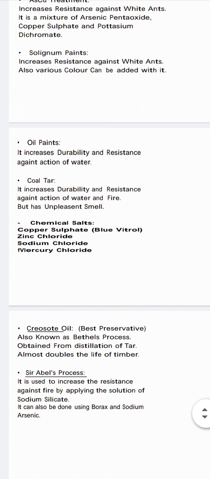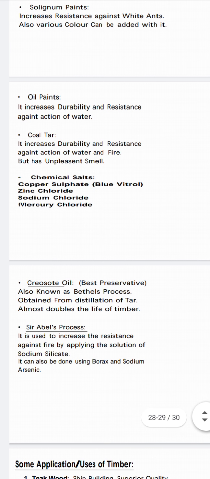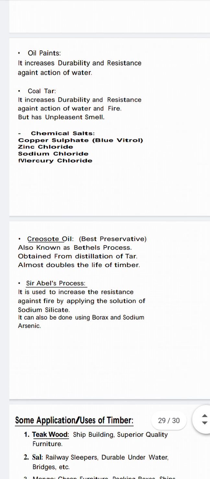Chemical salts: copper sulfate, zinc chloride, sodium chlorate, mercury chloride. Creosote oil, also known as Bethell's process, obtained from distillation of tar, almost doubles the life of timber.